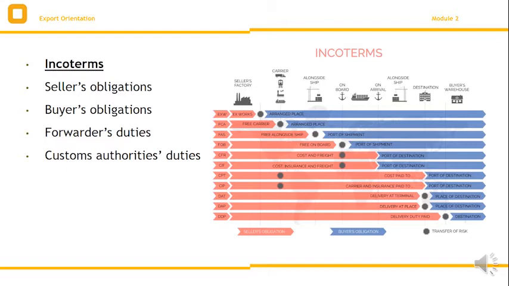Then lastly, we look at the customs authorities. They must make sure that the goods that are coming into the country are not going to affect the country, the people that are staying in the country, or the environment of the country. And they must also make sure that all customs duty that is expected to be paid on goods is collected according to the expectation.